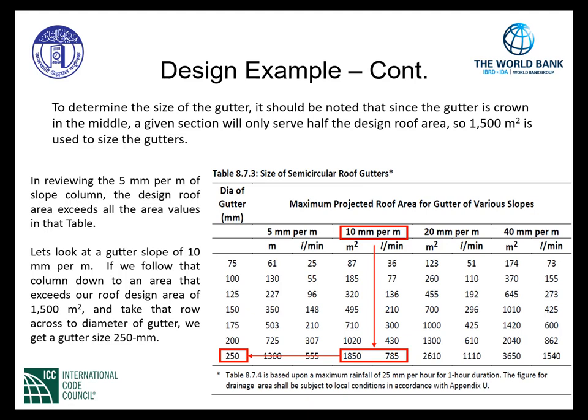We need to now move to the 10 millimeter per meter area of the table. If we follow that column down, we are looking for an area at least or greater than 1,500 square meters. Towards the bottom of the table, we find the value 1,850 square meters. We move to the left-hand side all the way over to the diameter of gutter, and we size the gutter at 250 millimeters.